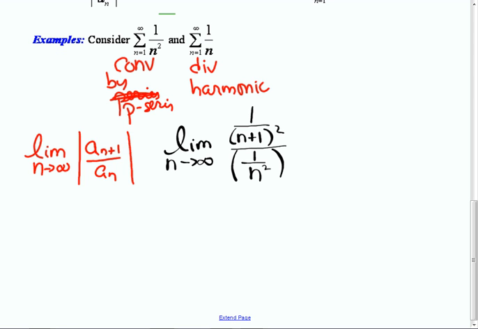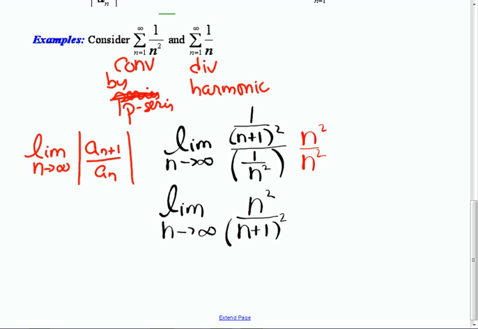I need to simplify that. So I'm going to multiply numerator and denominator by n squared. So I'm going to get the limit as n goes to infinity of n squared over n plus 1 squared.